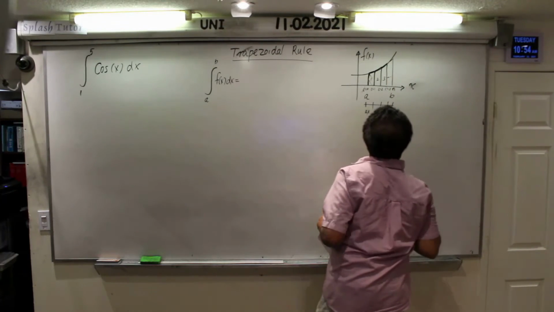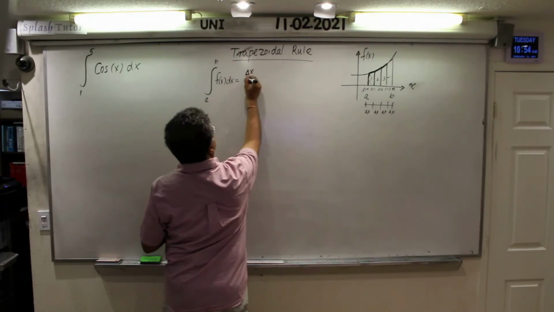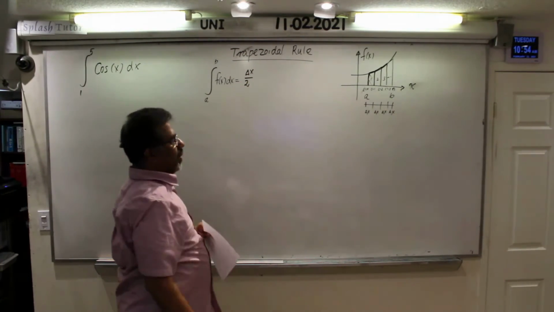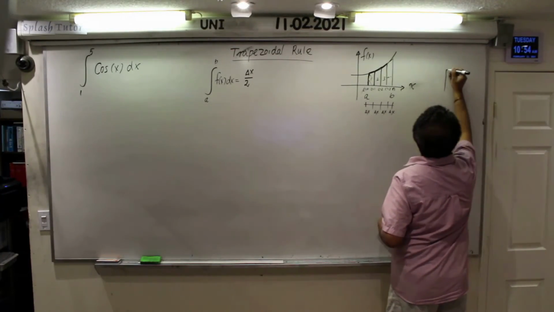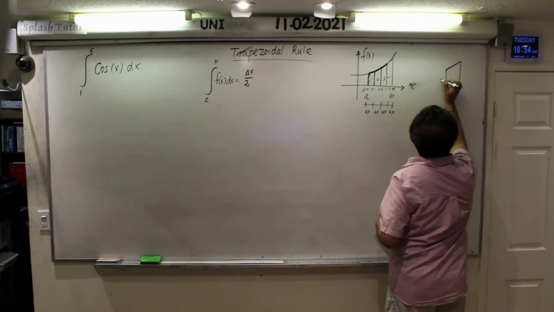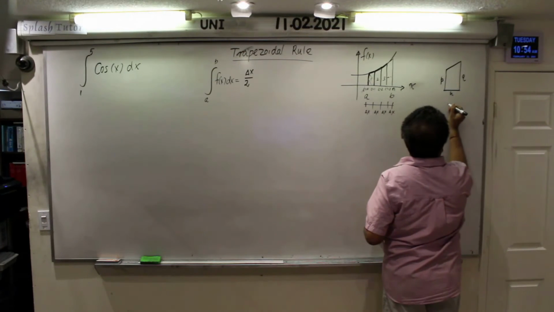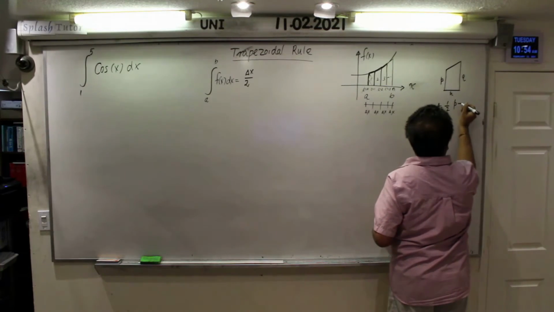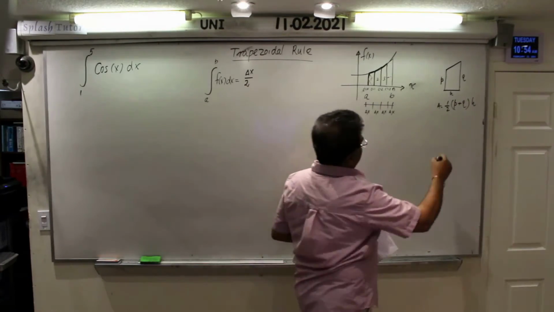Now the formula has delta x divided by 2, because the 2 comes from the half in the area of a trapezoid. Let's call the parallel sides P and Q and the height H. The area is half times P plus Q times H.